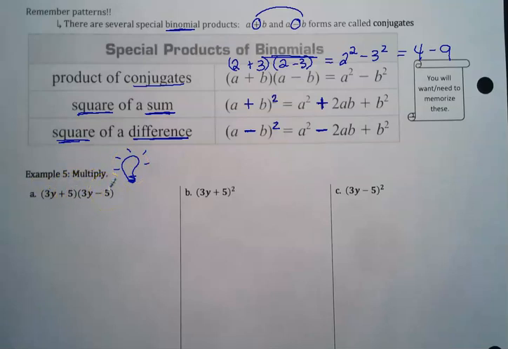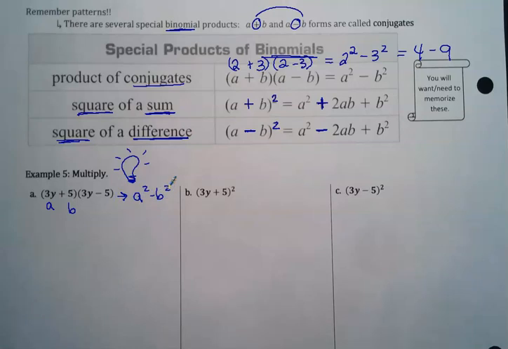There should be a light bulb there going off, so you know, hey, this is a shortcut. All you have to do then is identify which term is a and which term is b. So here, 3y is your a term and 5 is your b term, because you know that this is going to go to the a squared minus b squared.